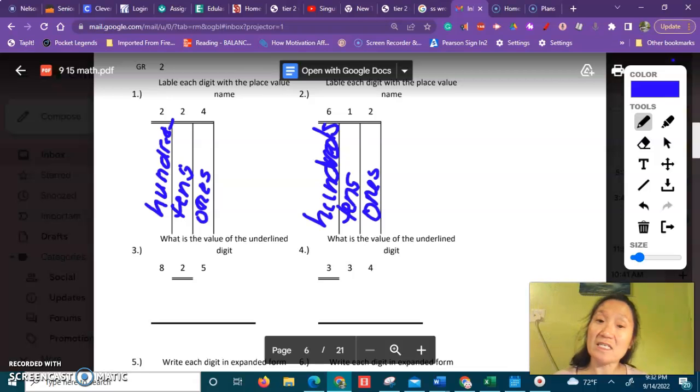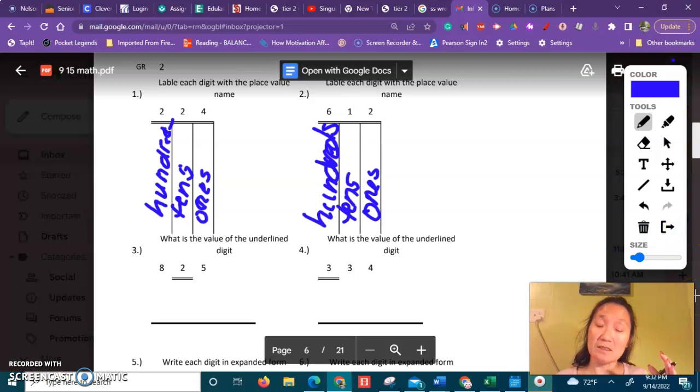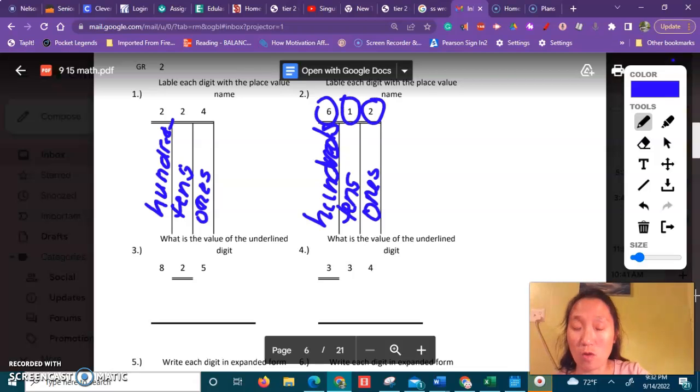Because you have the 6 in the hundreds place, it says 6 hundreds, 2 hundreds, 2 tens, 4 ones. Just name the place values, that's all I want you to do here, okay?